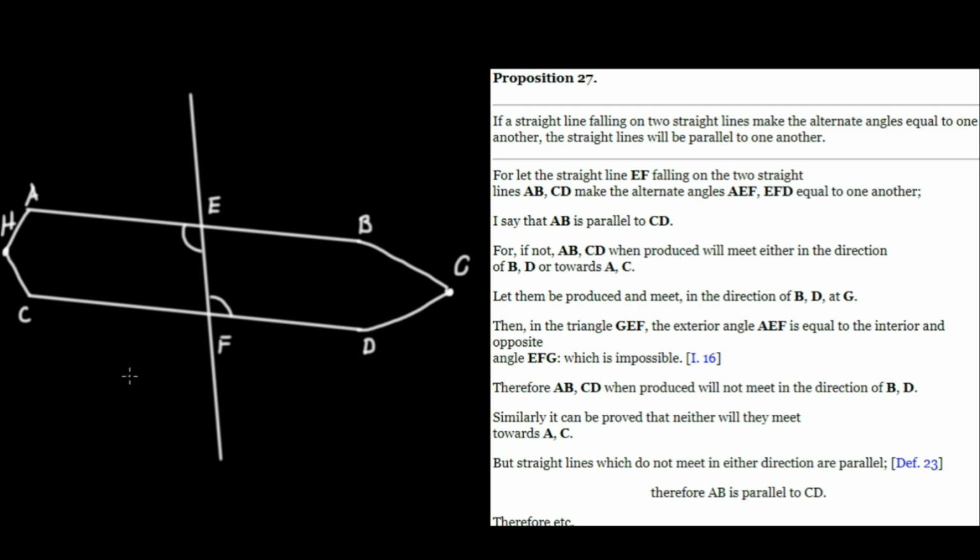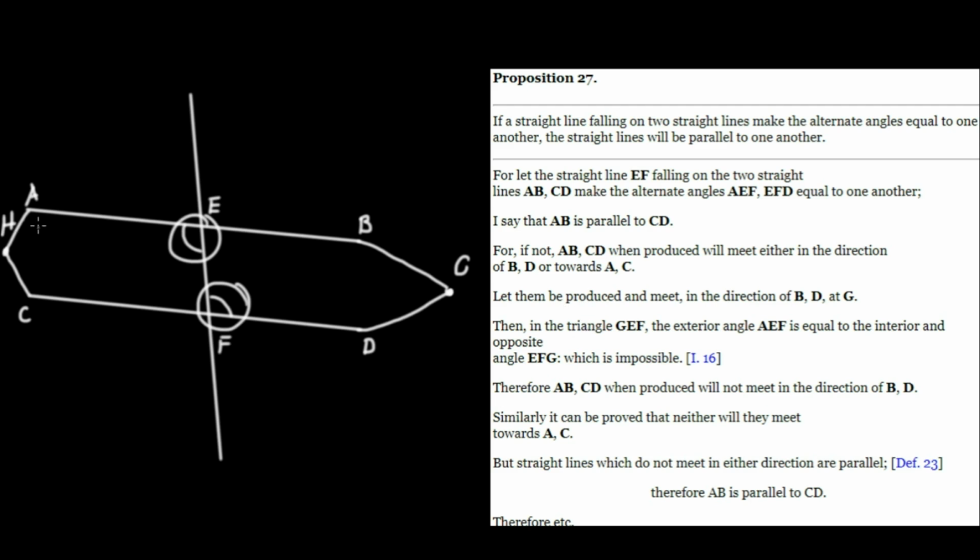If they do meet, that implies that we have this exterior angle EFD being equal to one of the opposite and interior angles of the triangle, namely HEF, which is this one over here. But that contradicts Proposition 16, just like the other part of the proof.